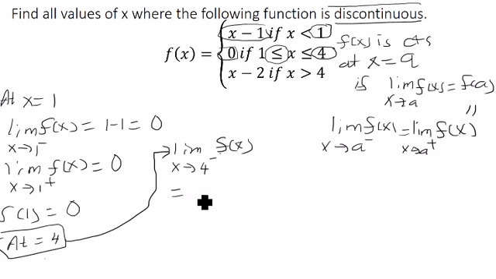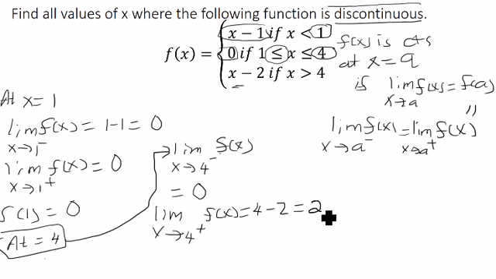It's going to be 0. That's when the function is on the left side. And the limit as x goes to 4 plus of f of x is on the right side of 4, which is x minus 2, and we're replacing x by 4, so that's going to be 4 minus 2, which is 2. As you see, these two things are not equal to each other already, so you don't even need to worry about the value of the function, but I can do that anyway.